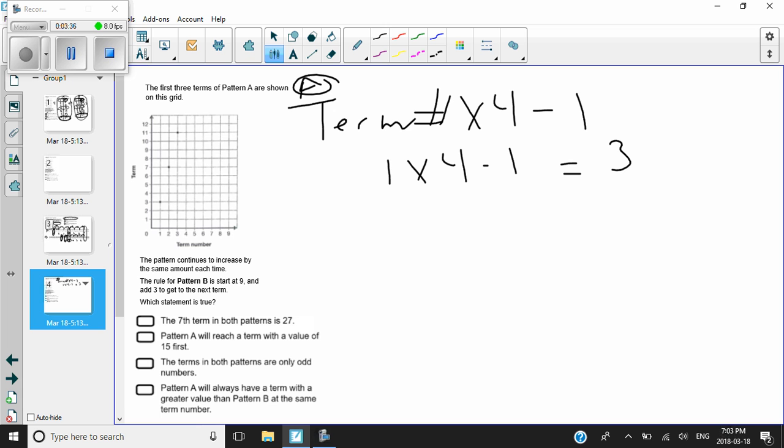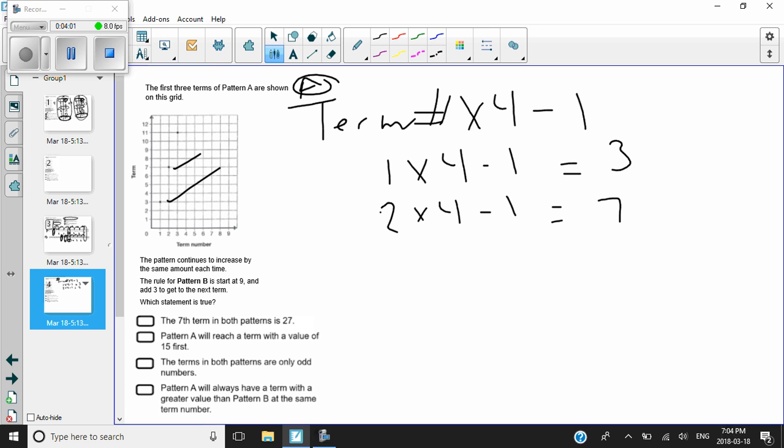Okay, so it works for the first one. Check. Let's try the next one. So position now, we're going to try 2 times 4, take away 1. So 2 times 4 is really 4 plus 4, which is 8. Take away 1 is 7. Does it work for the second one? It does. Excellent.